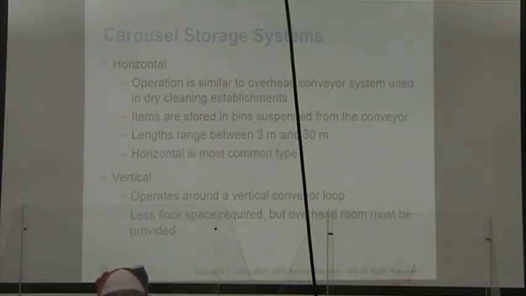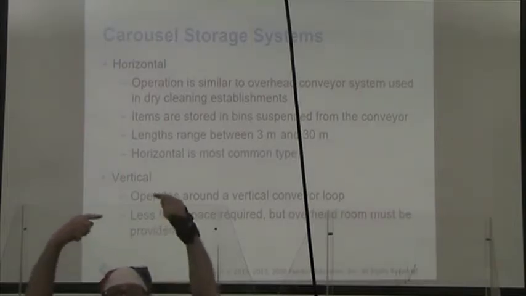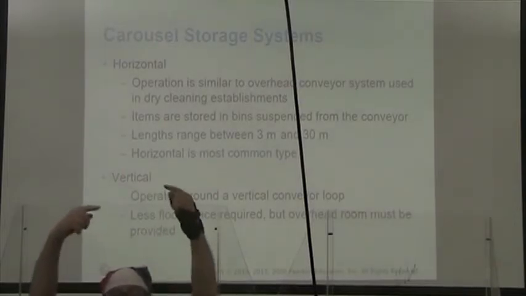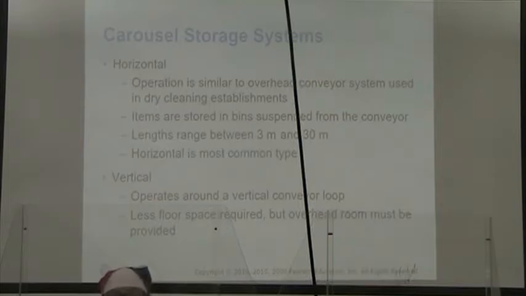A vertical carousel storage system works much the same way, except it operates with the loop being vertical. It uses less floor space, but you have to have a lot of overhead room to use it.